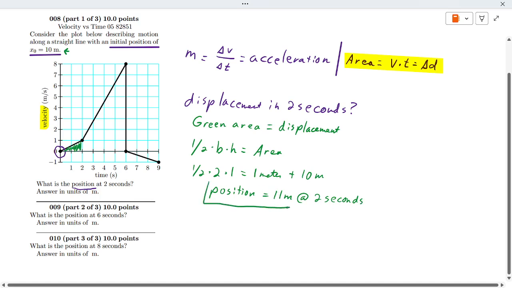There we have our answer in a box, and that is the answer to number 8.